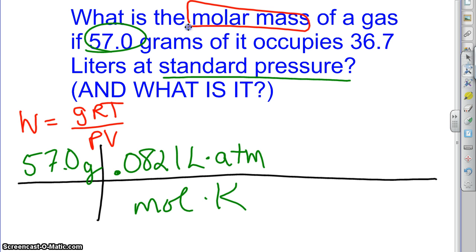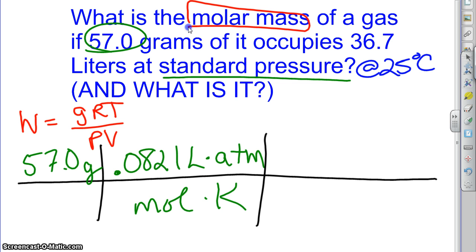And T is... oh, I can't do this problem. It didn't give me a T. Oh my goodness. I wrote it down and I forgot to copy it onto the example problem. It's 25 degrees Celsius. I should have said that.